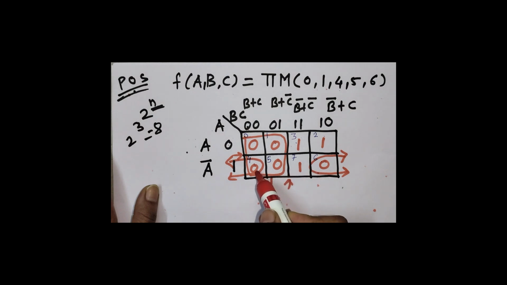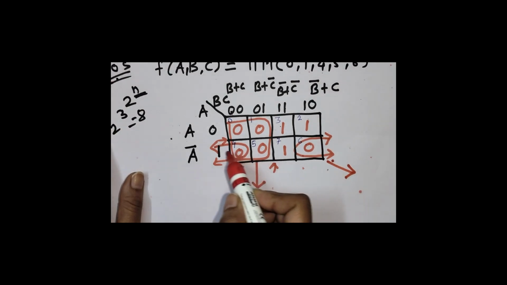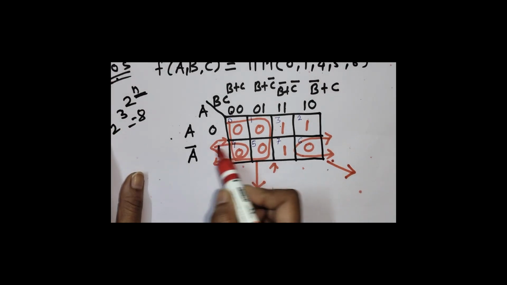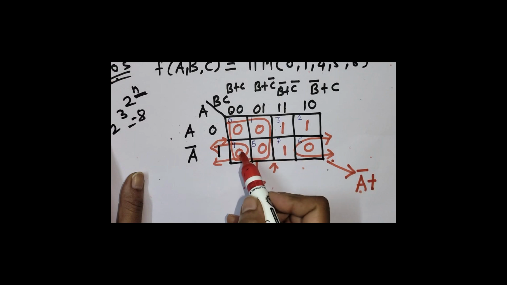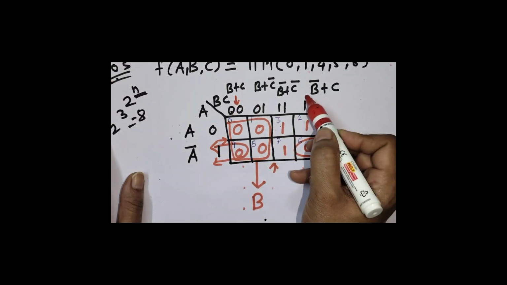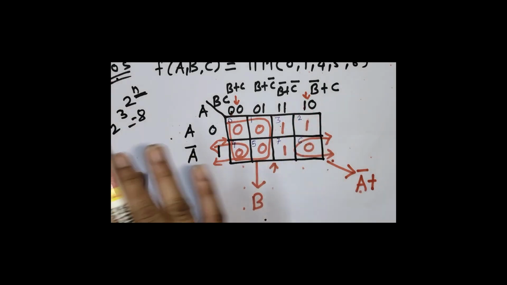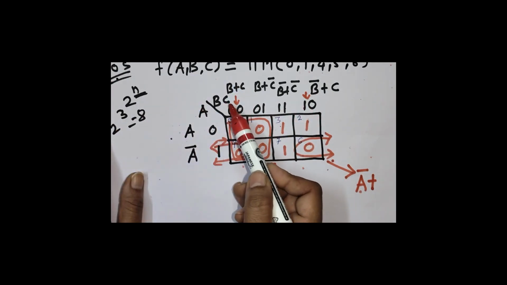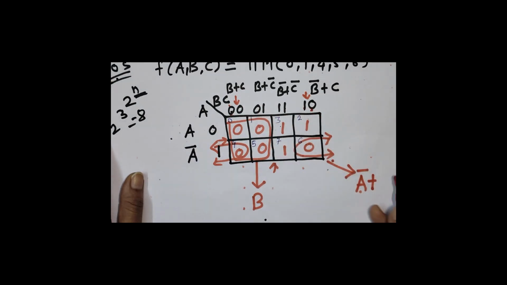For this pair, equation will become, see here value is A bar. So A bar plus, here in first column and in last column value of B is 0, 1. So discard B. What about C? C is 0 here. Here also C is 0. It means value is same and it is 0. So what I'll write?